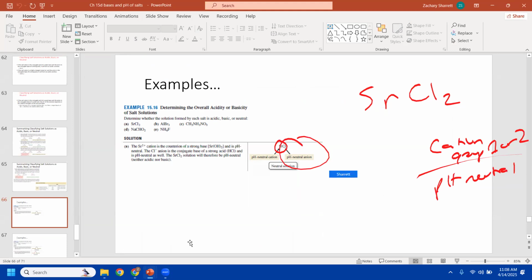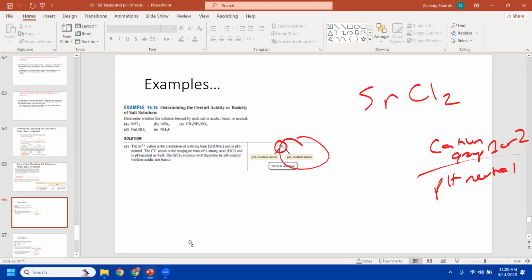Why is it saying that the chloride is pH neutral? Cade, why is chloride pH neutral? Yes, thank you for giving the definition of it. But how do we know that it's not one of the acidic or basic ones? What does the Cl minus come from? Which acid?